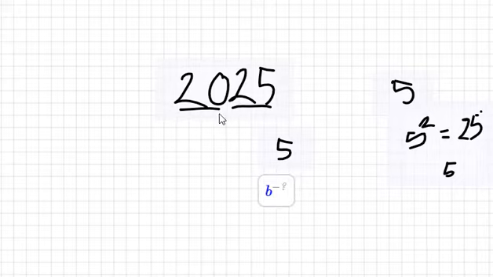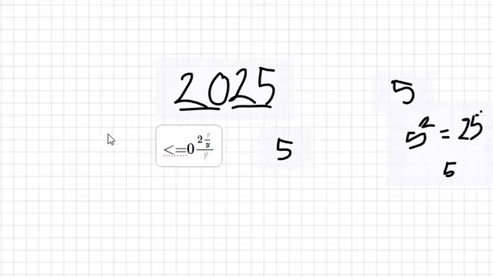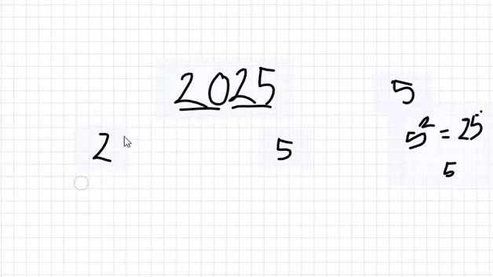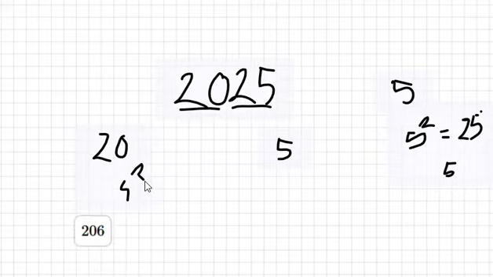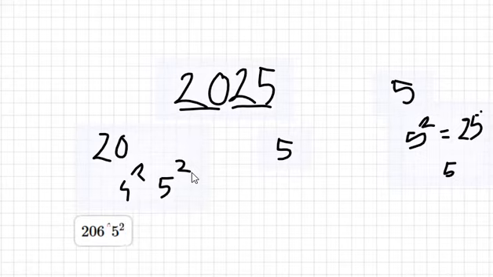Now when we check the first two digits, which is 20, we know that it lies between 4 squared and 5 squared. 5 squared is 25, which is greater than 20, and 4 squared is 16.